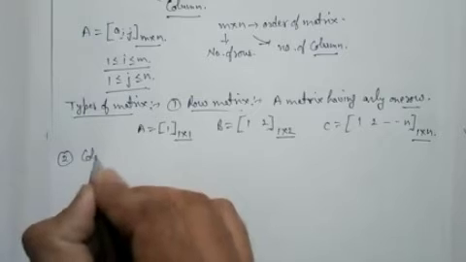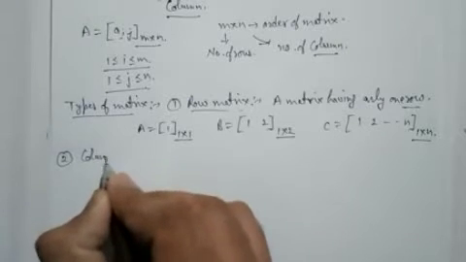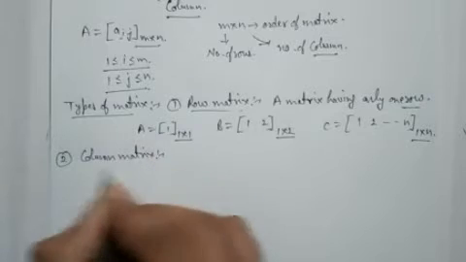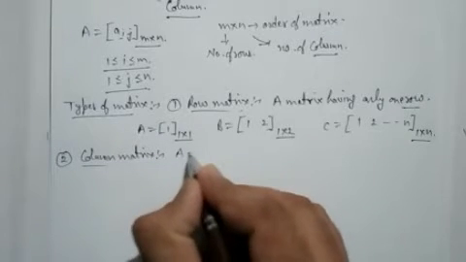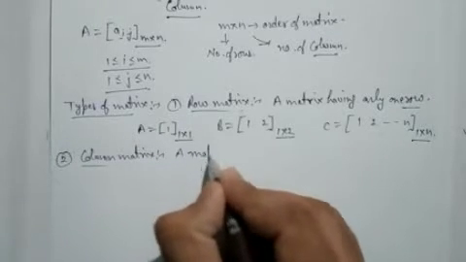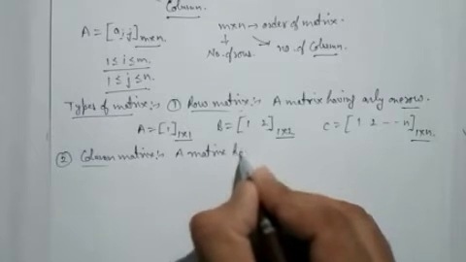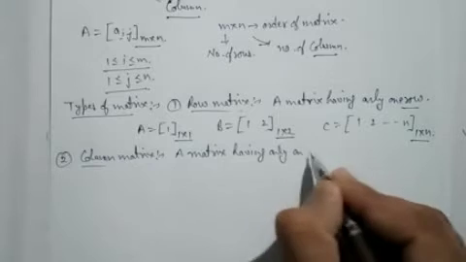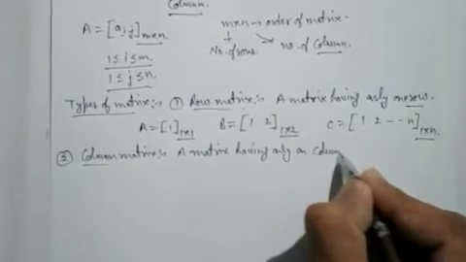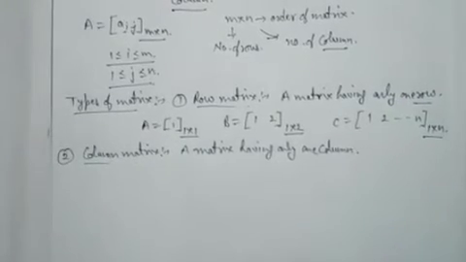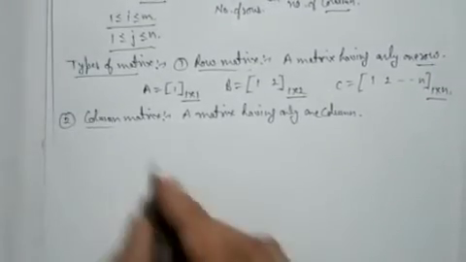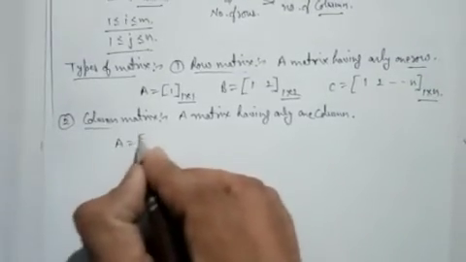Second, the column matrix. A matrix having only one column. A matrix in which there is only one column, and there is no restriction on rows.